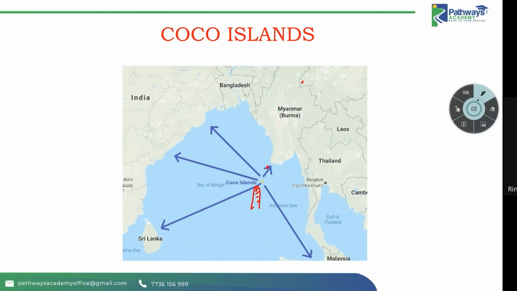So Coco Island is situated just below Myanmar and between Myanmar and the Andaman Islands. There is a channel known as Coco Channel. UPSC may ask, Coco Channel separates Myanmar and the Andaman Islands. Coco Channel.